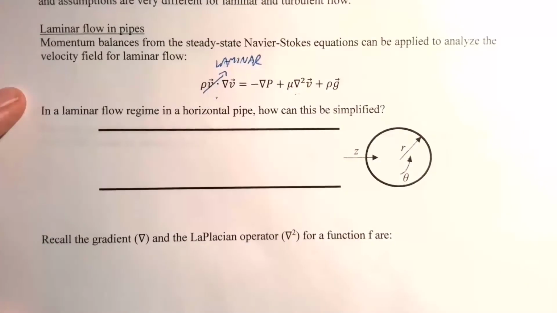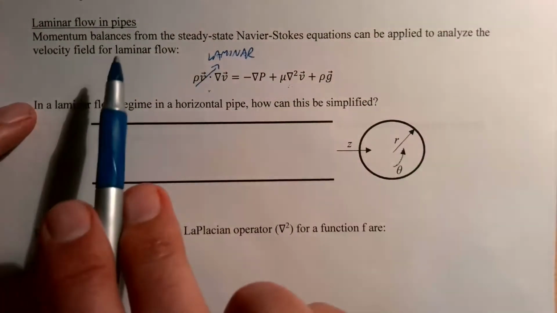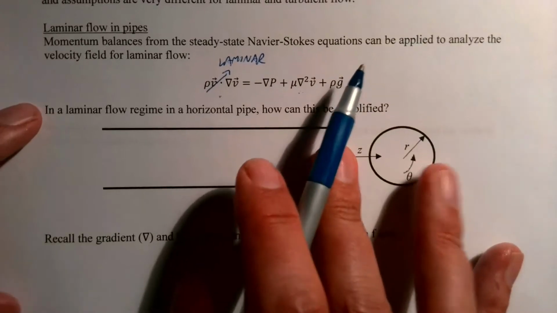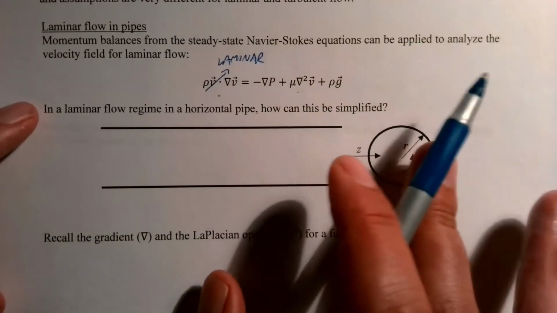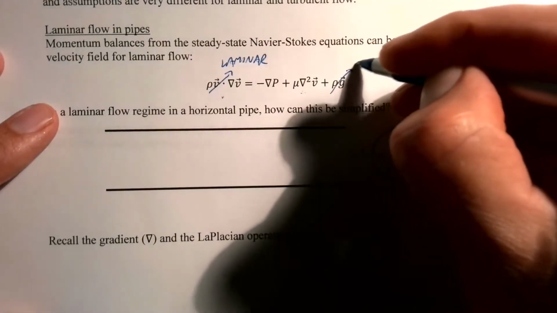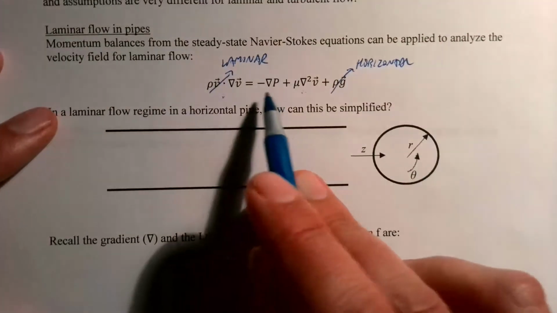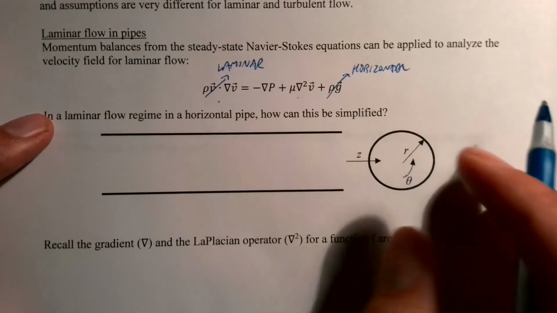So we can make that assumption. And we're going to be looking at a horizontal pipe here for starters, and really this applies to non-horizontal conditions too, but gravity is also not going to be very important because it's horizontal for this analysis.